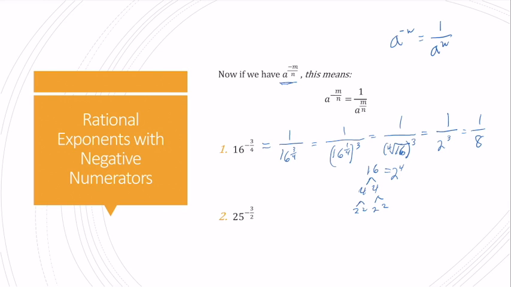All right, let's try that again. If I have 25 to the -3 over 2, that's 1 over 25 to the 3/2. That's like saying I have 1 over 25 to the 1/2 cubed. I need to make myself a little bit more room.